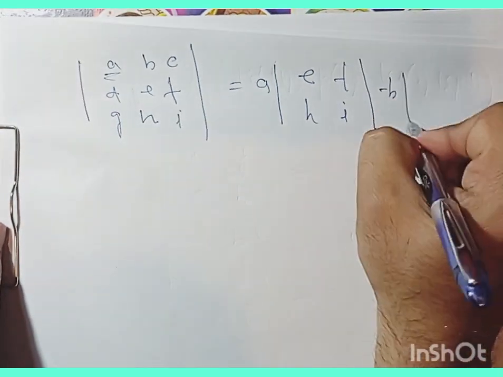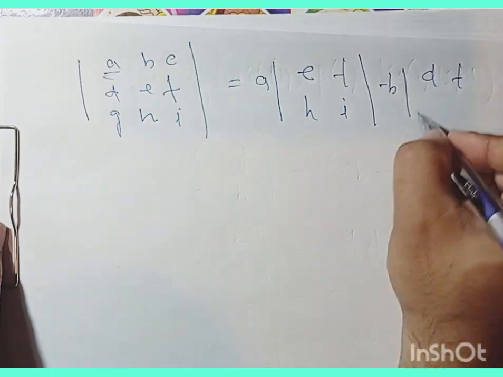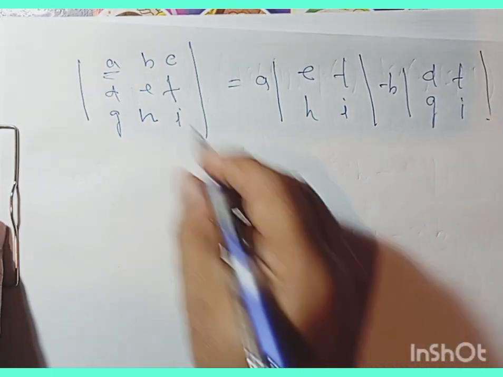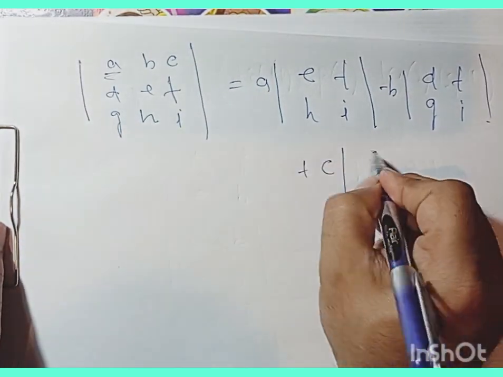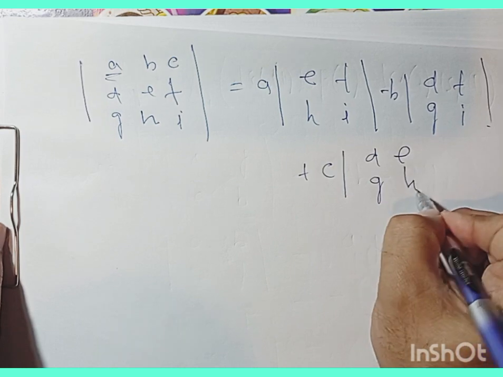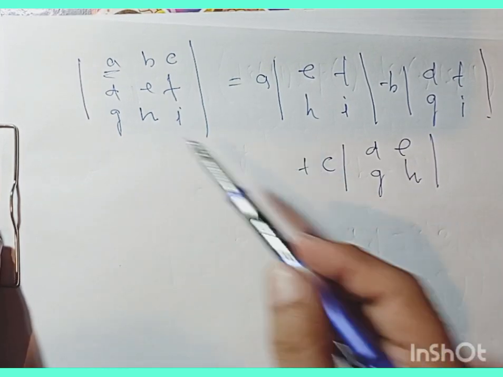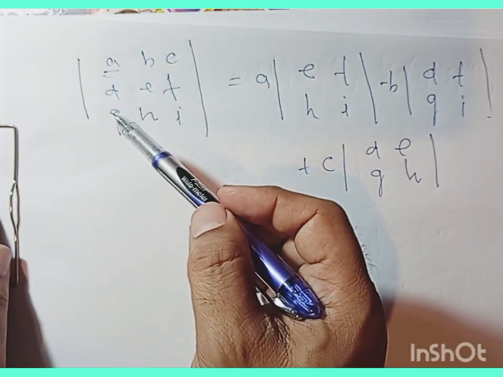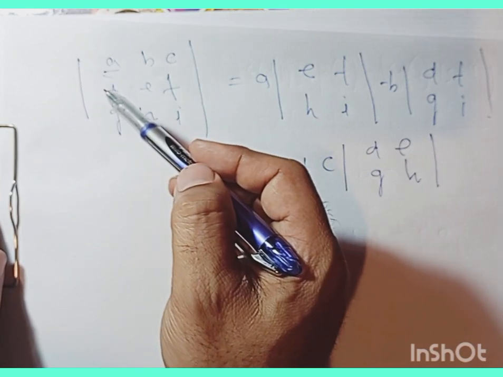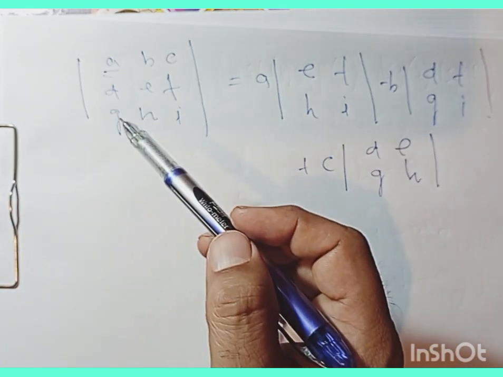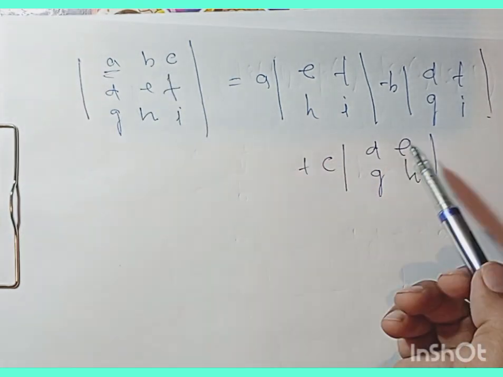Then minus b times d, f, g, i. And then plus c times d, e, g, h. So if we swap any two rows here, it will change the sign of the whole determinant, right? And if we have two identical rows in this determinant, the overall value of the determinant is going to vanish.